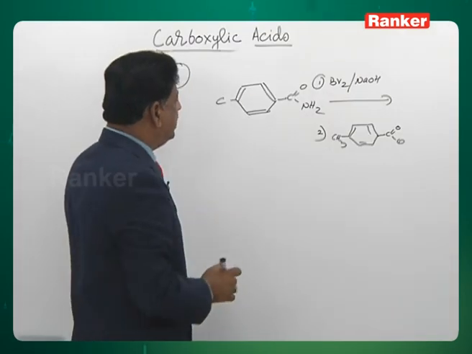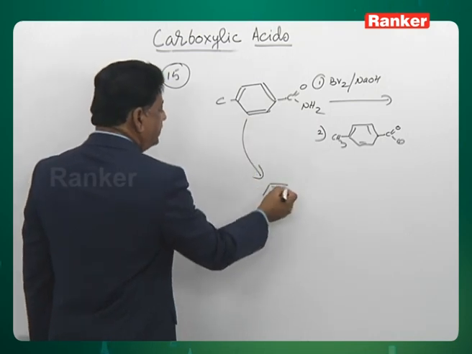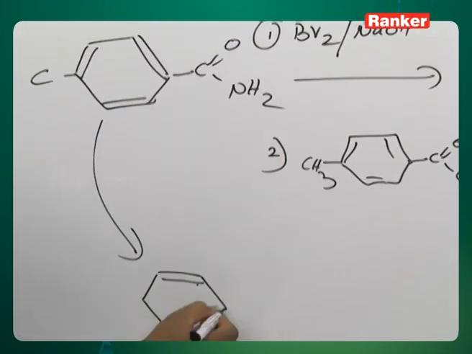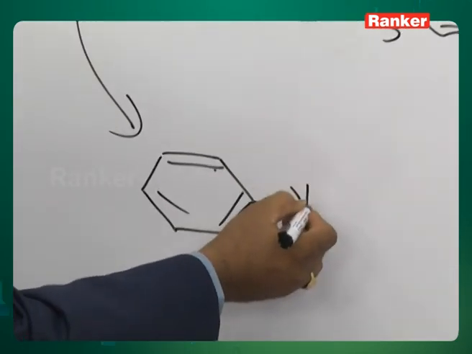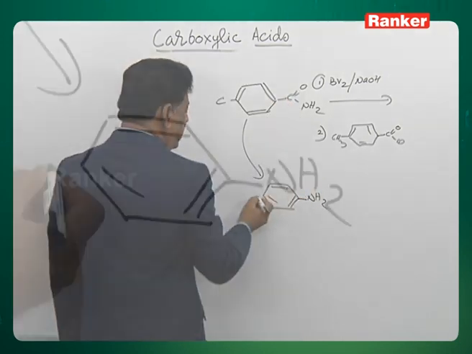So, in the first step what happens is with bromine and NaOH, this gives an amine formation. That is NH2 is formed. That is what in the last reaction we have seen, CO will be dismissed and the amine is formed.